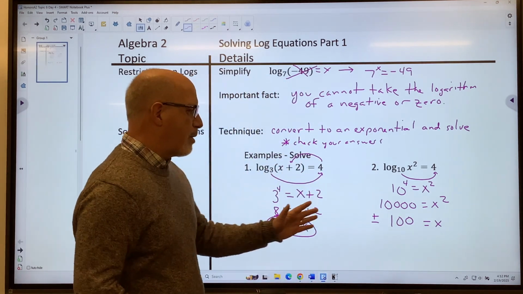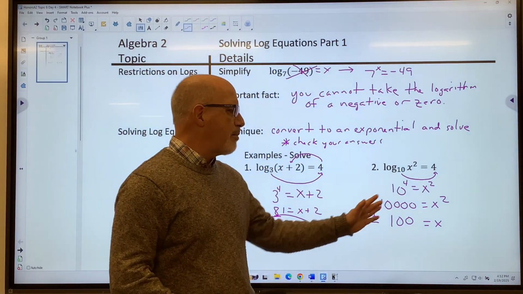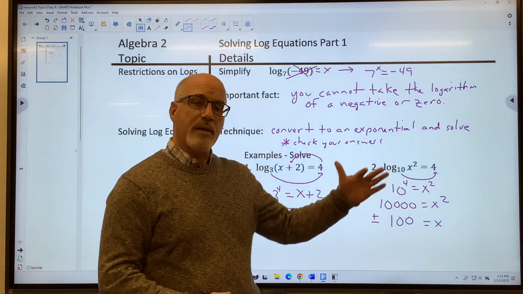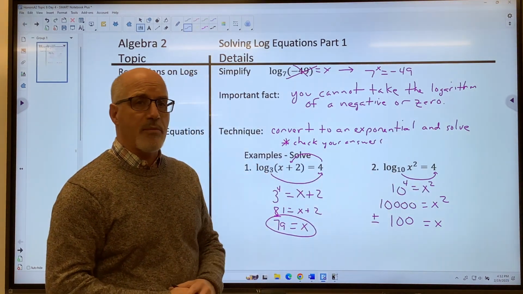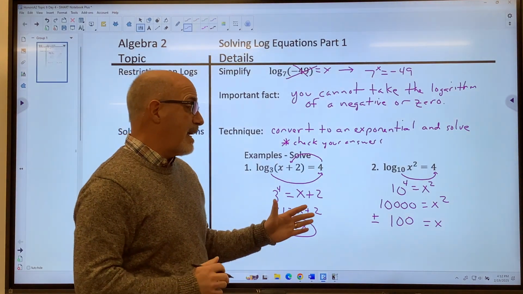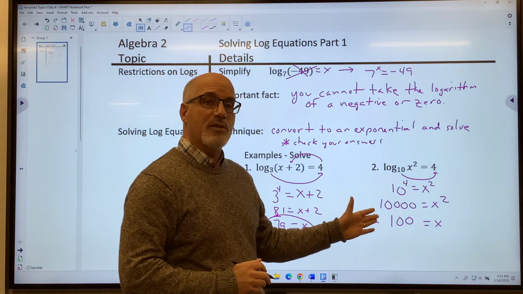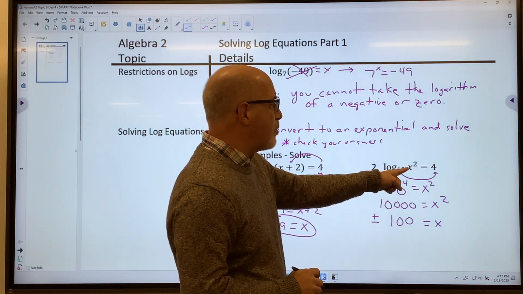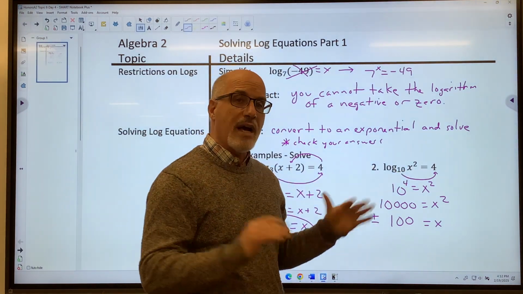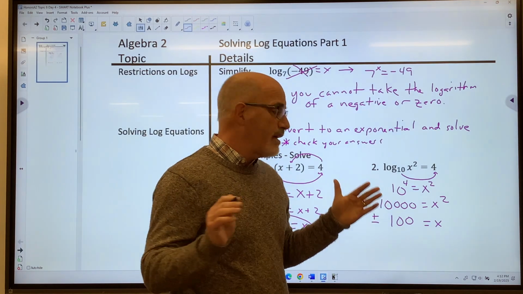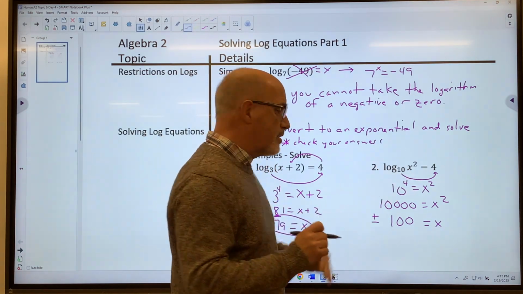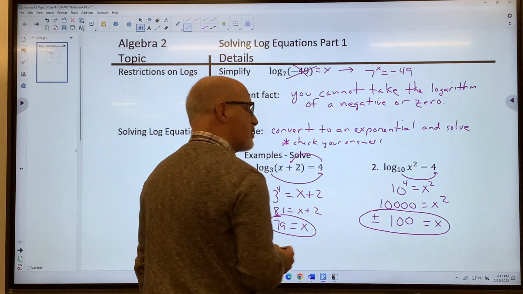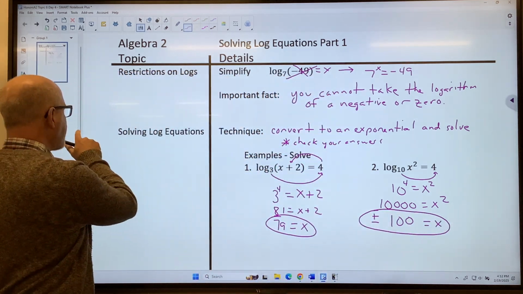So square root of 10,000 is 100, but remember when you take the square root of an x squared, that leads to an absolute value, that leads to us having a plus or minus. Now you might say, is this going to be a problem because we have a negative 100 as one of our answers? Well, notice when we square it, we're not taking the log of a negative, it becomes a positive. So it does check out, so both of these two are solutions to this equation.